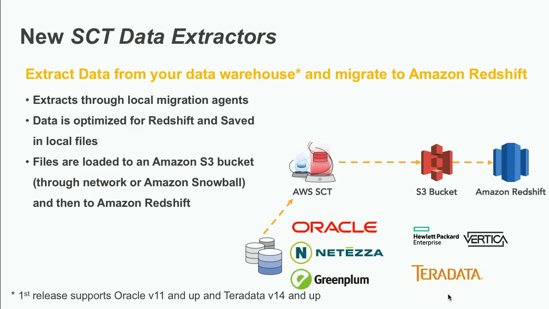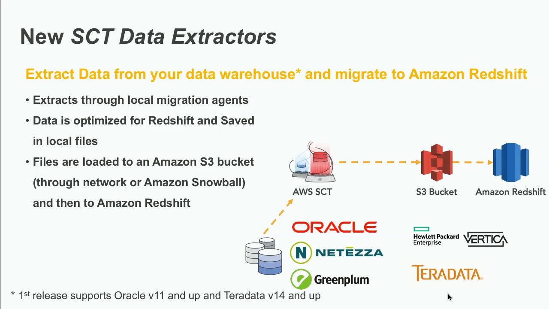One more use case. This is a new addition that we've added to our schema conversion tool, the data extractors. What we do today is in SCT, you can install agents on your data warehouse, and the agents extract the data from your data warehouse.